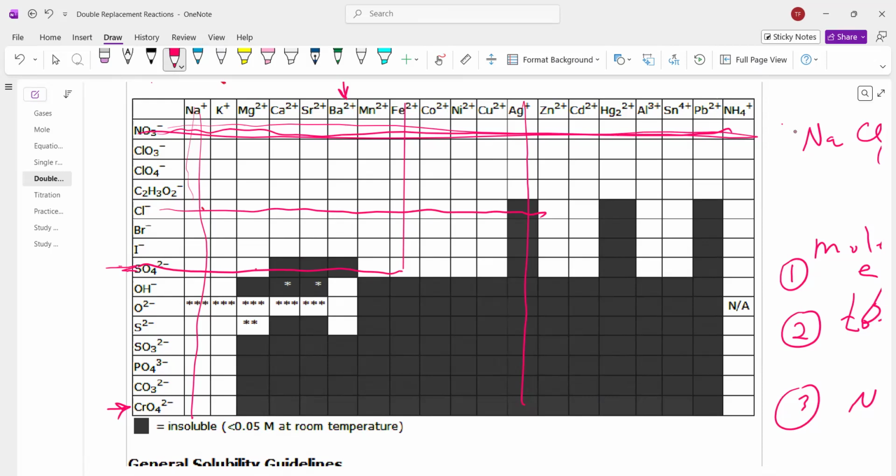In other words, does a solid form, yes or no? If it does form, then you do the net ionic. If nothing new forms, it's considered that nothing happens, because the water is a strong solvent and it keeps the ions apart.